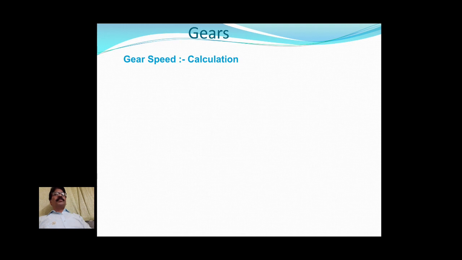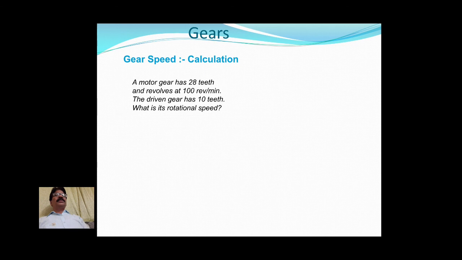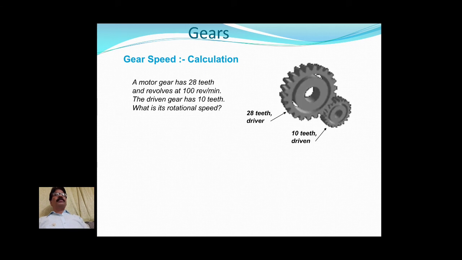Again, a speed calculation numerical is asked in your examination. This is the example. A motor gear has 28 teeth and revolves at 100 rpm. The driven gear has 10 teeth. What is its rotational speed?